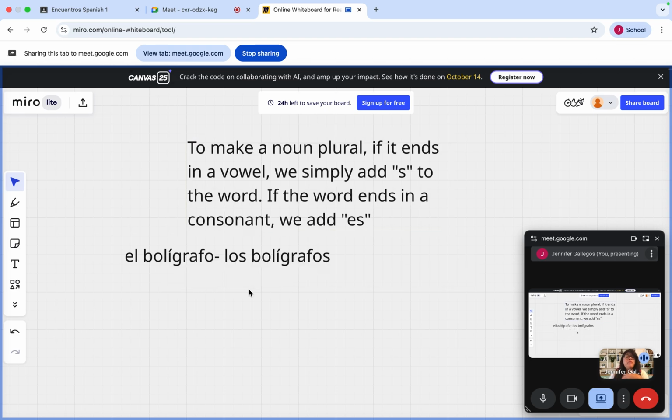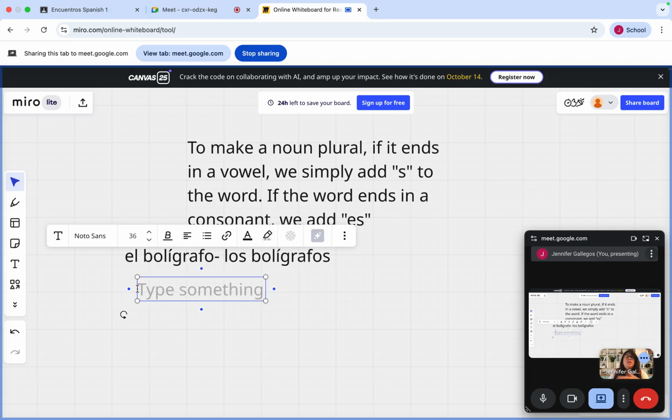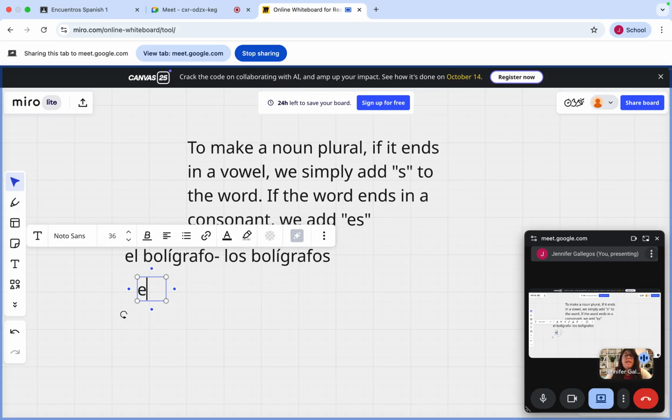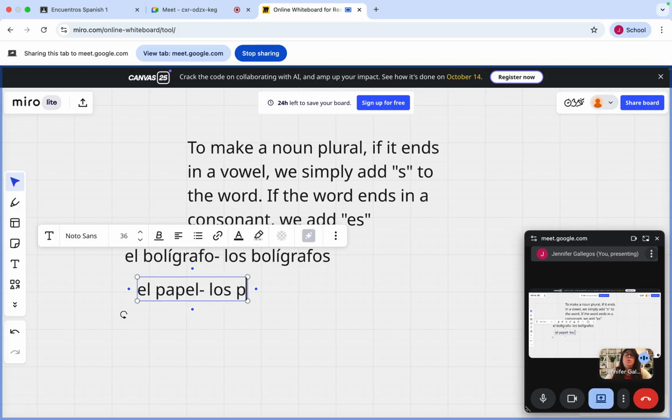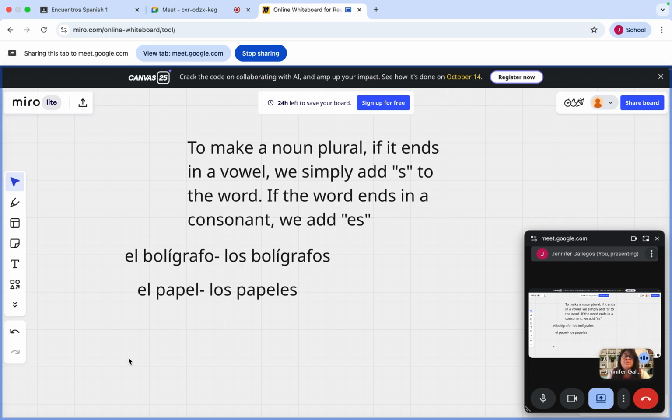One of the words that we learned in the last lesson was papel. Papel ends in L, and so what we're going to do is add es. So we could have el papel, the paper, and then to make it plural, los papeles. Okay, so very simple to make nouns plural in Spanish. If it ends in a vowel, we add S, consonant, we add ES.